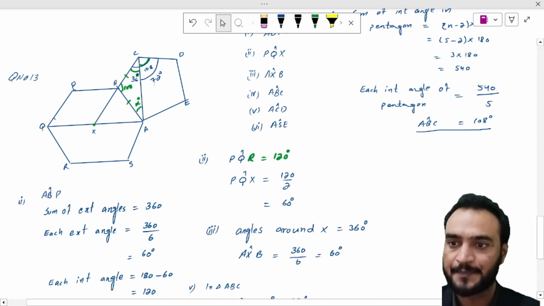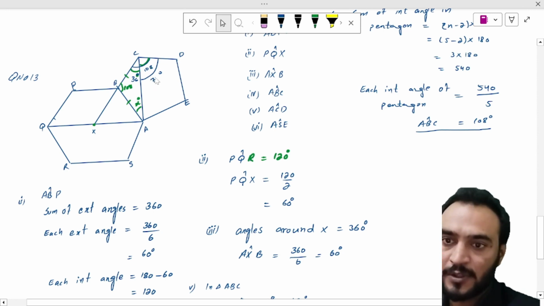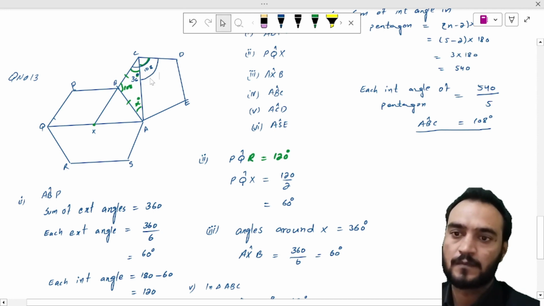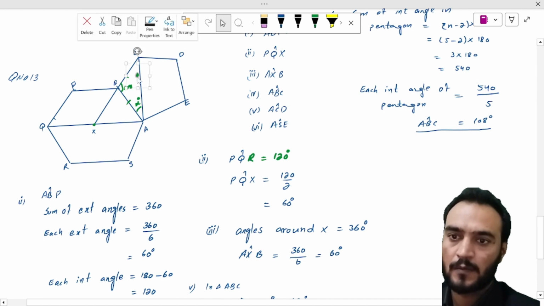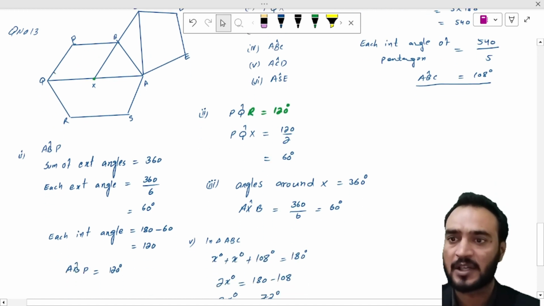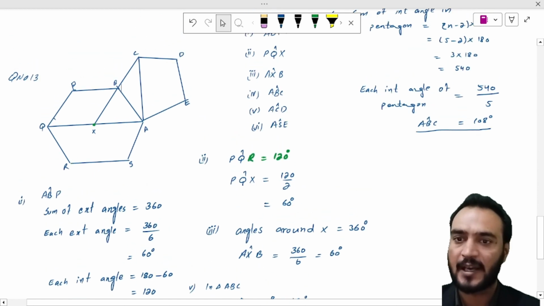Now we will solve part 6. Deleting all these values, I am deleting these extra writings so that you do not feel any difficulty understanding part 6, and part 6 requires angle ASE.